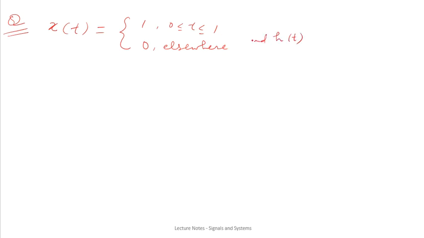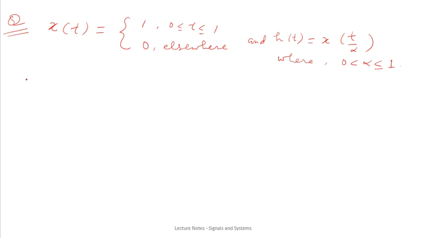And the impulse response, which is h(t), is given as x(t/alpha), where alpha is in between 0 and 1.